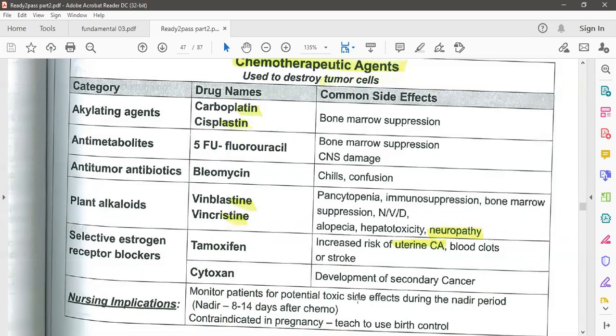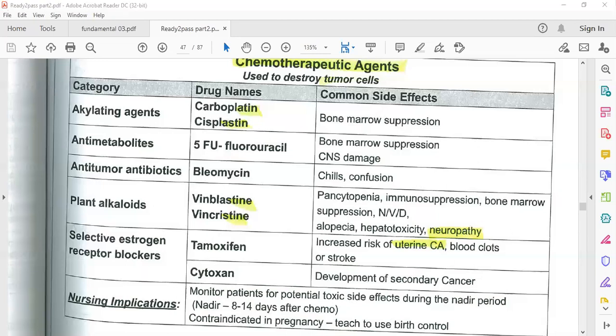So before we finish the chemotherapeutic agents, I could tell you some books mention 2 more medications we use as an antineoplastic, or we use as an immunosuppressant. One is called cyclophosphamide.